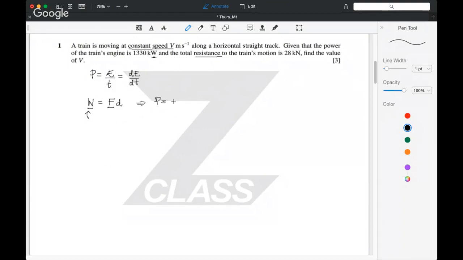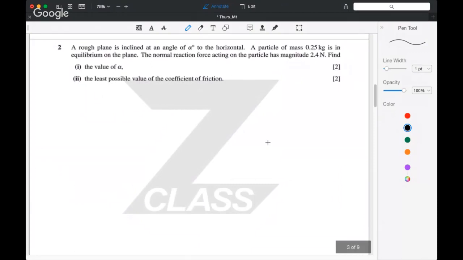If we plug this in for the energy, the force is constant, so the force just comes out, and then we get, actually I shouldn't call it D, I should call it X, as in displacement, X. So P equals F dx/dt, that's just me plugging this in. Well, what is dx/dt? It's V. And that's all you need to do. So V is equal to P over F. If you plug the numbers in, you'll get the correct answer.